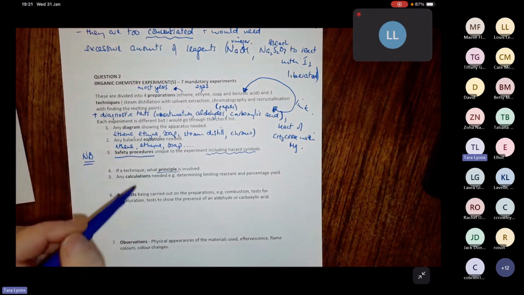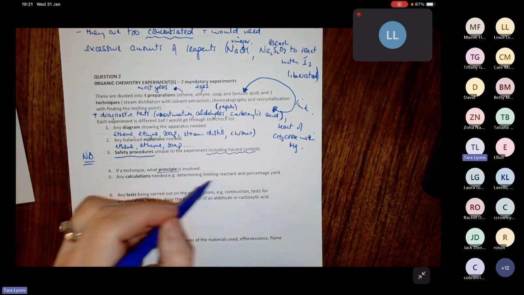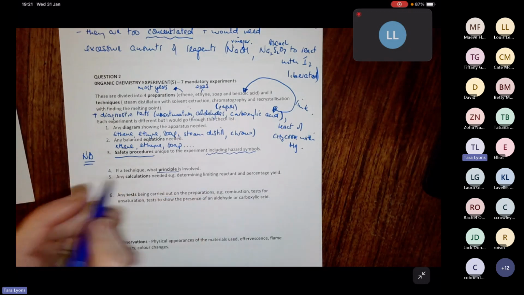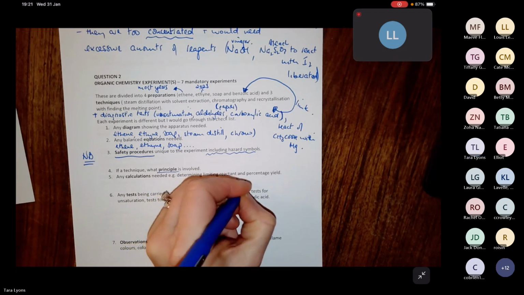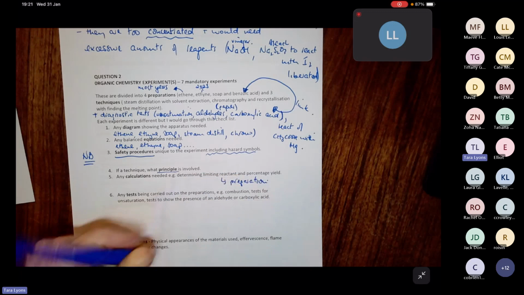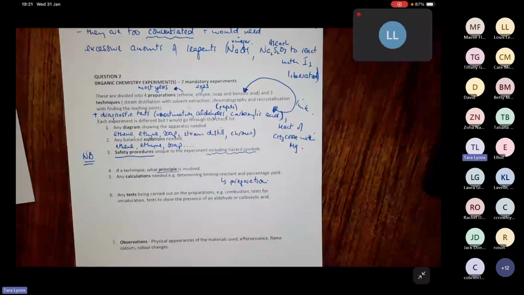Now, if there are any calculations involved, so determining a limiting reactant and a percentage yield, that would come up in your preparations. So your preparation of ethene, ethine, soap, or benzoic acid. So working out which reactant runs out first, working out how successful you were, so your percentage yield.